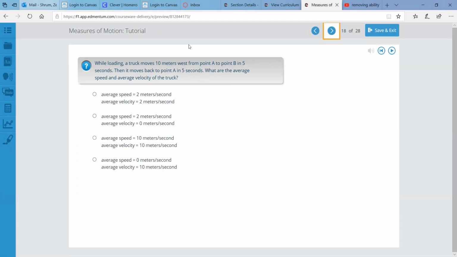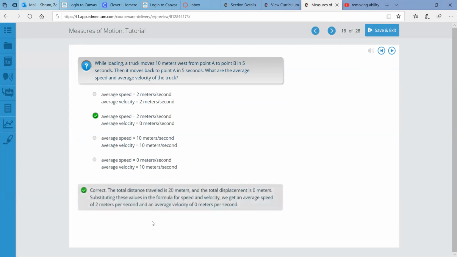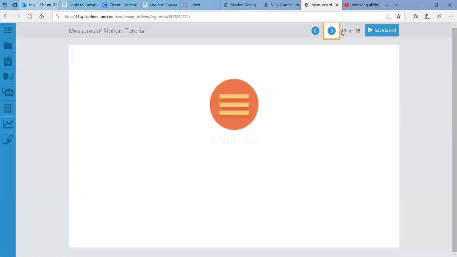So we have 20 divided by 10. That's an average speed of 2. So these answers are wrong. And then average velocity is 0 because he winds up in the same spot. Direction matters for velocity.